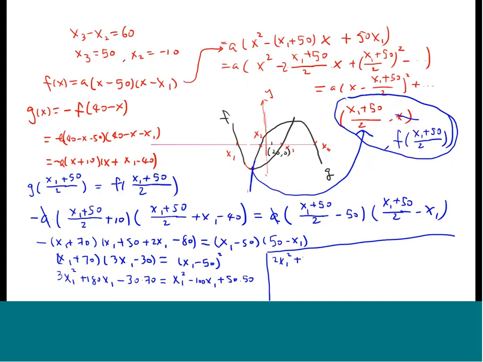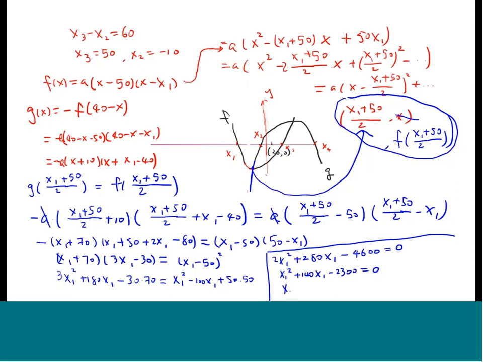Maybe something is wrong somewhere. Why does this number look like that? Maybe it's right. 2100, 2500, 600. x1 squared plus 140 x1 minus 2300. That's what you get. Same thing as I got? Yeah.